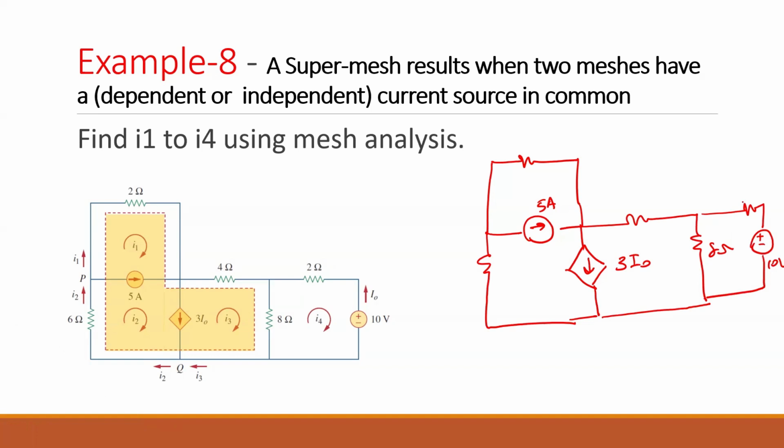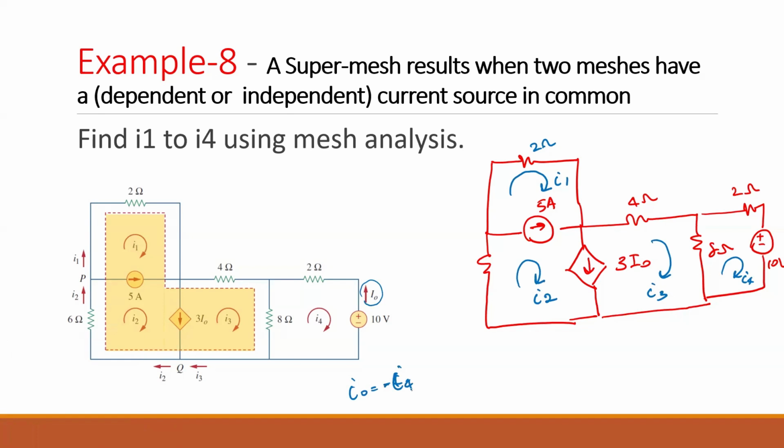Okay, so this is what we have. So we have 4 meshes. Agree? Yes. I assign I1 current to one mesh here, I2 to another mesh, I3 to another, and I4 to another, and I naught is negative I4. Do you agree with that?